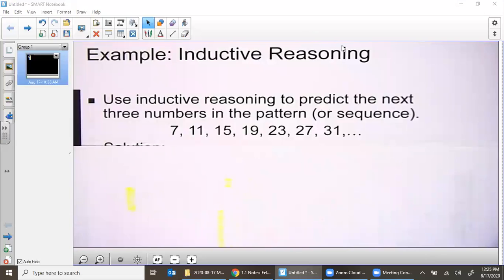Okay, 35. Do you guys agree or disagree with Edith's conjecture? Okay, cool. Looks like we're agreeing. So 35's next. Let's go to Janie. What comes after 35? 39. Okay, and what about Laura? What comes after 39? 43. Okay, so what's the pattern that's going on here?